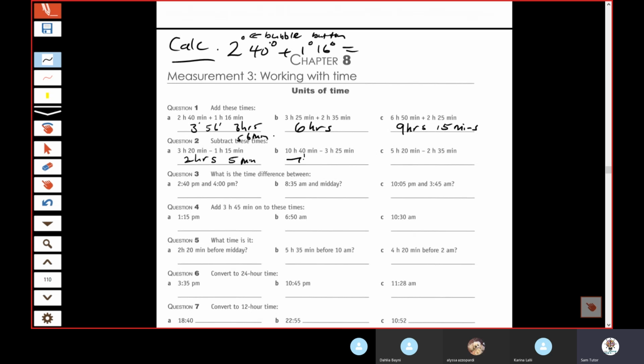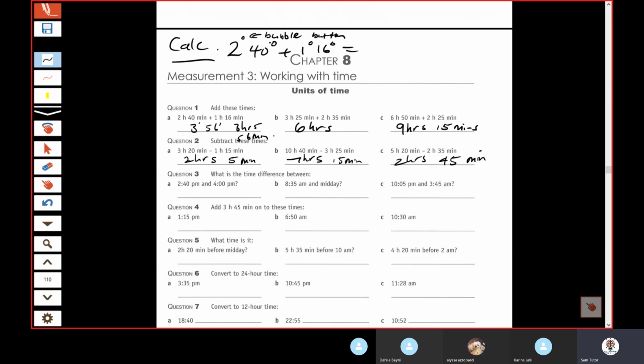This one should be 7 hours and 15. And then this one here, this is where it works really nicely. So 5 hours, 20 minutes, you don't even need to think much. 20 hours, 35 minutes. You should just get 2 hours and 45 minutes. Any questions there?